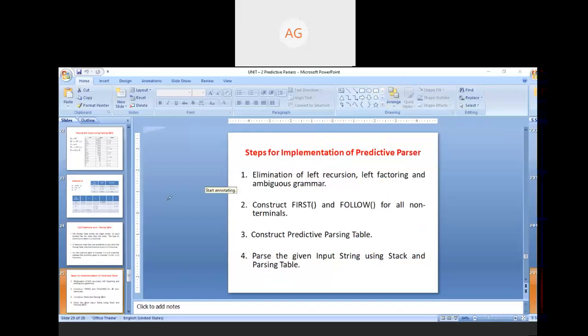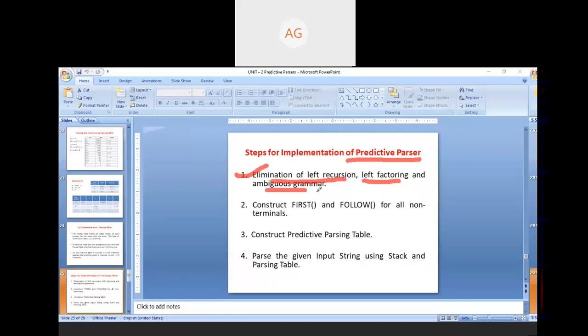These are the important steps for implementation of predictive parsers. First, you need to eliminate the left recursion. If the grammar contains left recursion, left factoring, or ambiguity, then you need to eliminate it. After that, the grammar is suitable for an LL1 parser.